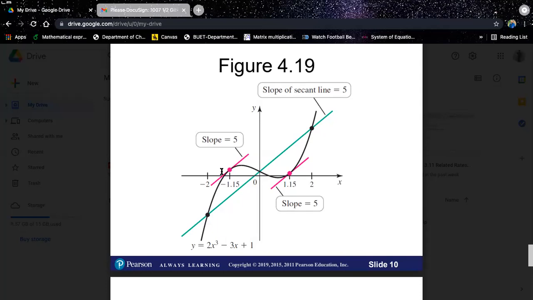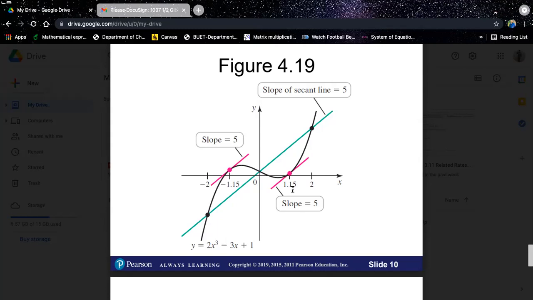Is it true or false? You might see a question like this. And it will be false, right? You can get more than one. So this could be a type of question.